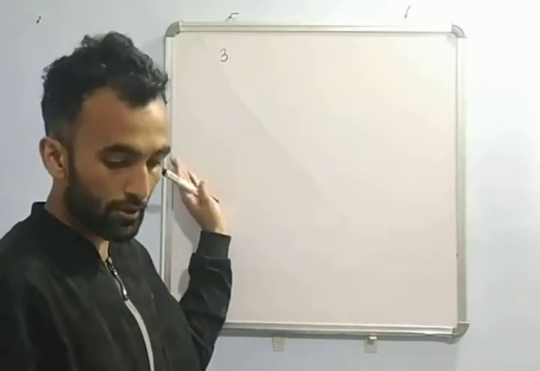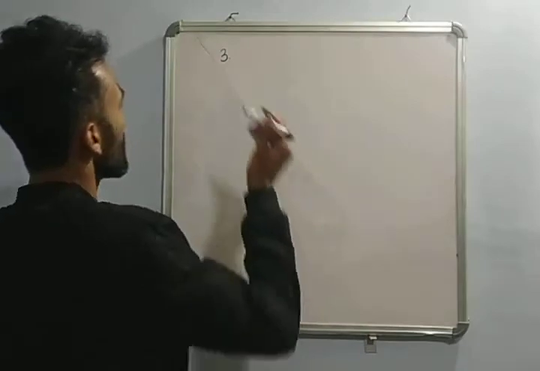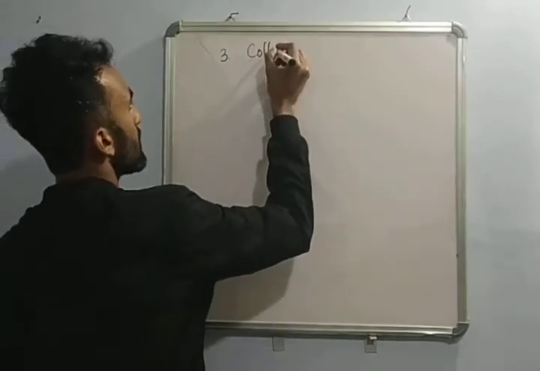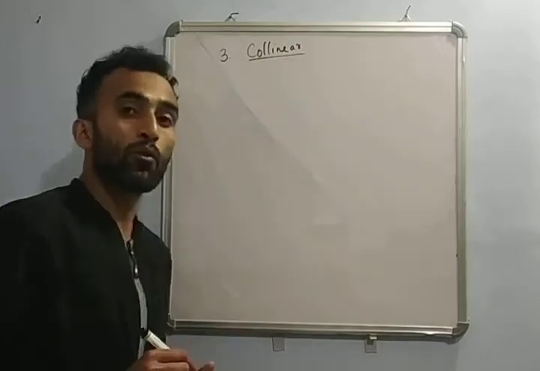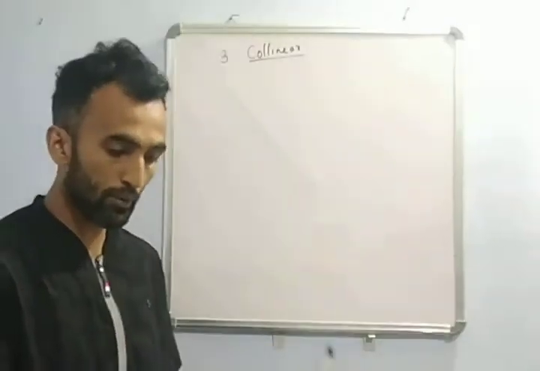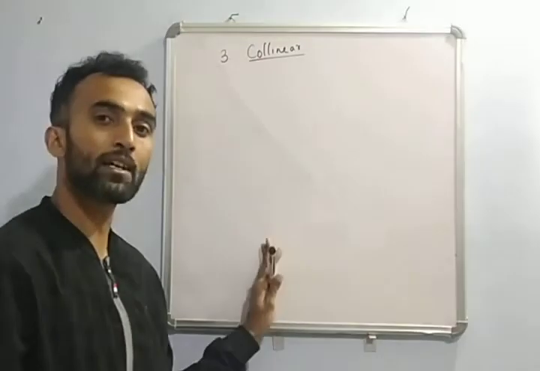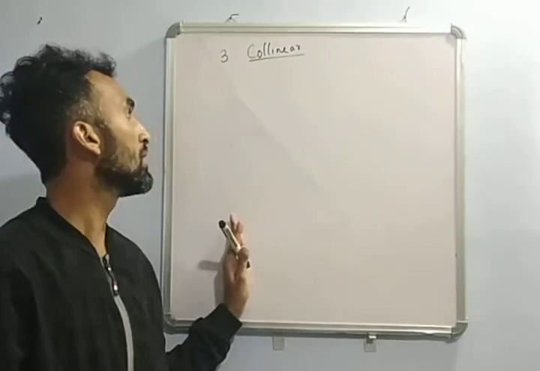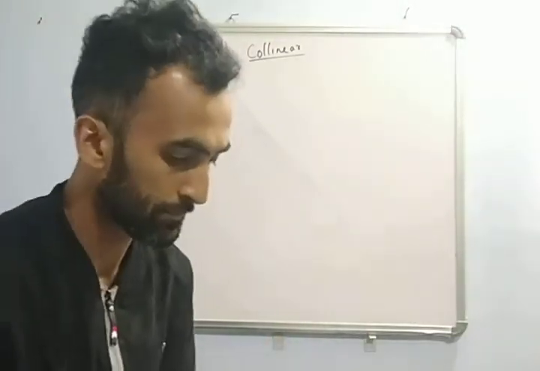By distance formula we have already learned, but we are following the area formula now. We have to prove they are collinear. That means we have to prove that the area of the triangle equals 0. We'll find the area of the triangle, keep on solving, and at last we'll get 0. If you get 0, the given points are collinear.